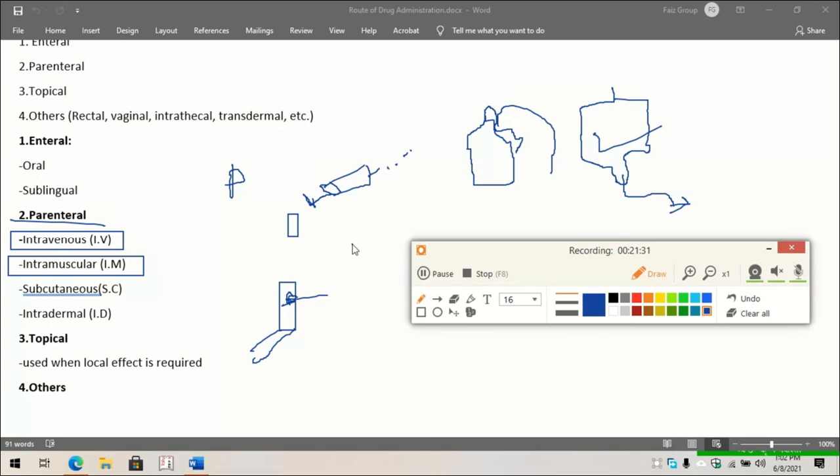The depot form contains a non-aqueous vehicle and the drug, which is placed inside this non-aqueous vehicle. As it is injected, the non-aqueous matter diffuses out and the drug remains there. And this drug dissolves slowly, providing a sustained dose over an extended interval of time. Okay, that is IM.